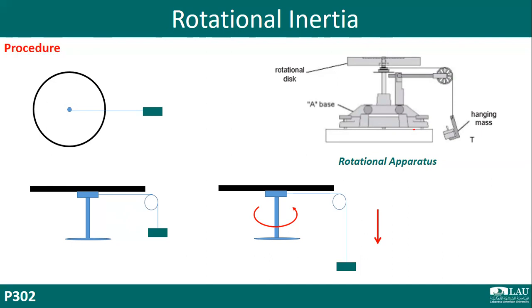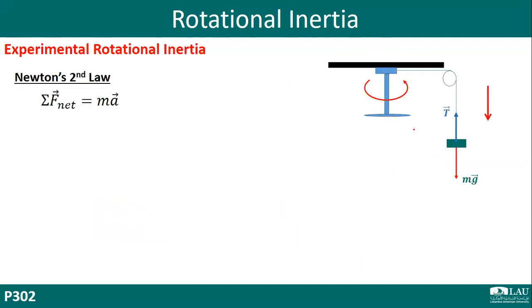So how could we get the rotational inertia of a system from this acceleration? We need again to apply Newton's second law to our system. Here we follow the sign convention that counterclockwise torques are positive and clockwise torques are negative.